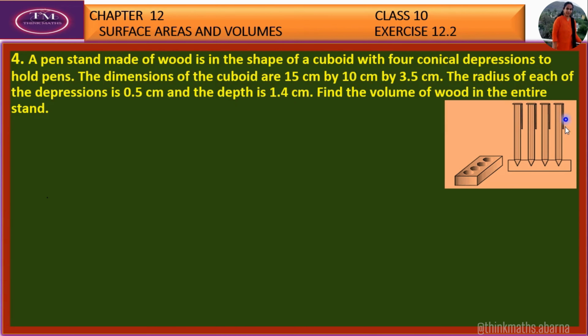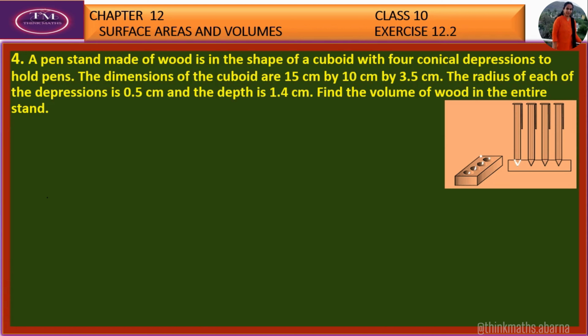So this is the pen stand given. It is made of wood with four conical depressions. So it has a conical depression to hold this pen. Now what they are asking for is the volume of wood. So in this volume of wood, as they have made a conical depression, this conical space will be hollow.